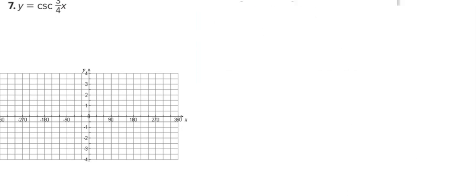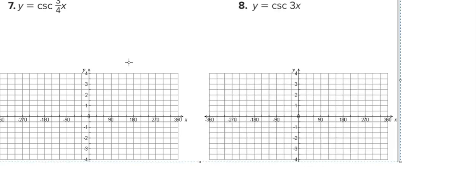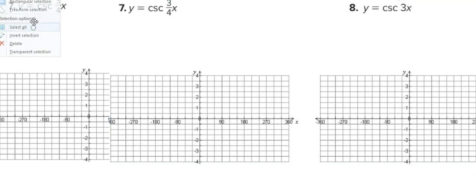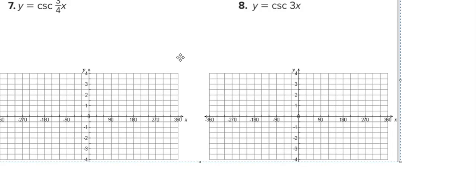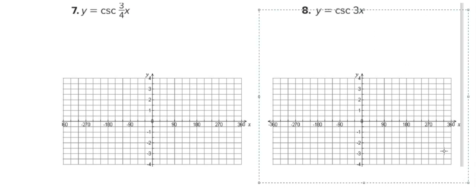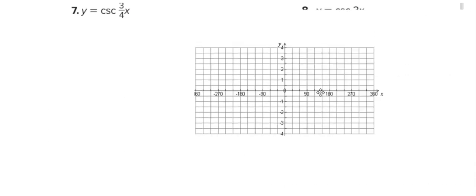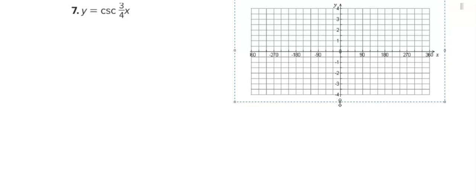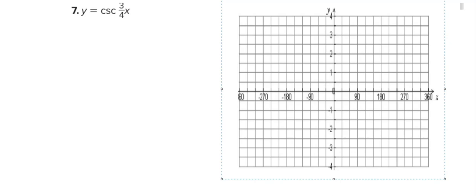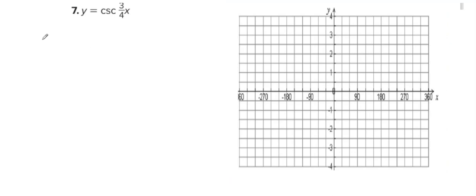So how to draw this graph? Firstly I'm going to draw the graph of question number 7. Let me make this graph large for you so that you can understand more. Here we need to draw the graph of y equals sine 3 over 4 x.